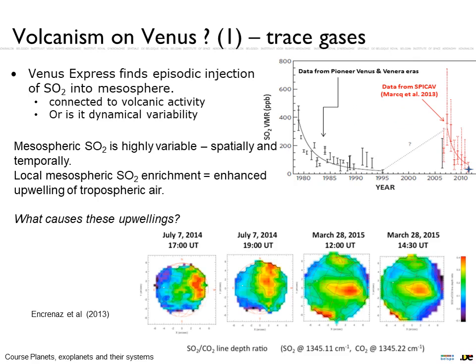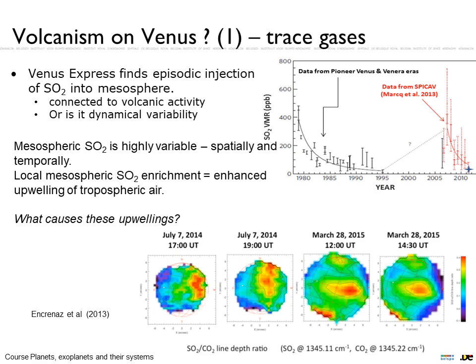One of the target gases was sulfur dioxide, which on Earth is linked to volcanism. We observed highly variable SO2 abundances varying in space and in time over long and short time scales. These variations were confirmed by ground-based observation, as can be seen here in the plot below.